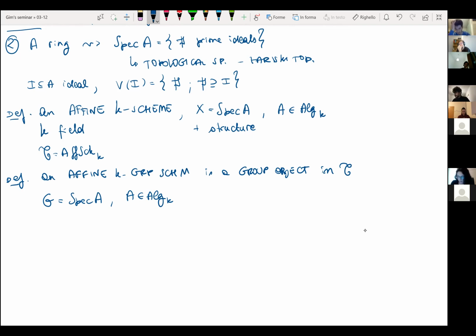In this case, if the spectrum of A is a group scheme, A is said to be a Hopf algebra. And two weeks ago, Jacopo talked a bit about group Hopf algebras, if you recall.